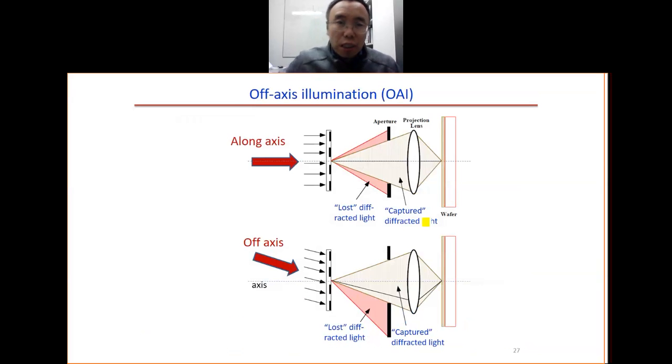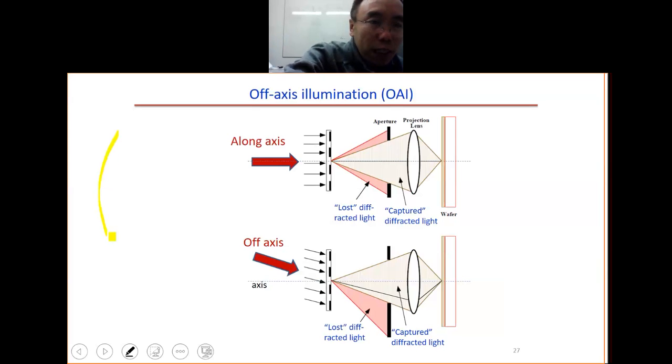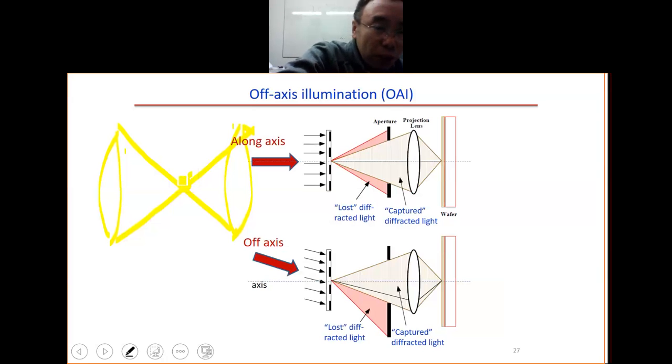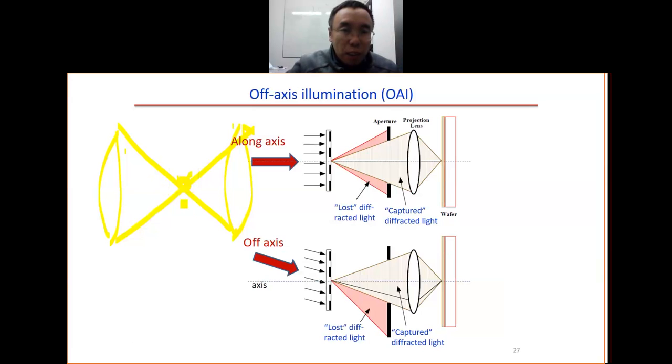So maybe I draw it here. One way you can do this, for example, we have one light here, and another light here. This focal point is the focal point for this lens, and this focal point is also the focal point for this lens.